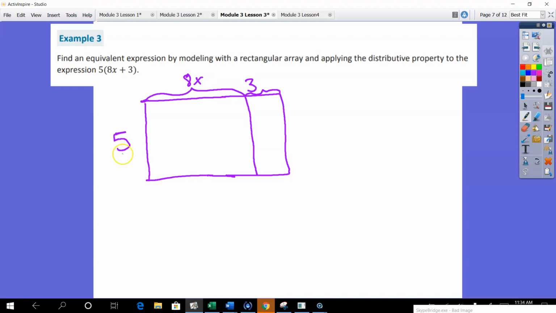So 5 times 8 is 40, and then x, and then 5 times 3 is 15. Okay, so we can show our distributive property, 5 times 8x plus 3. So 5 times 8x is 40x, and 5 times 3 is plus 15.